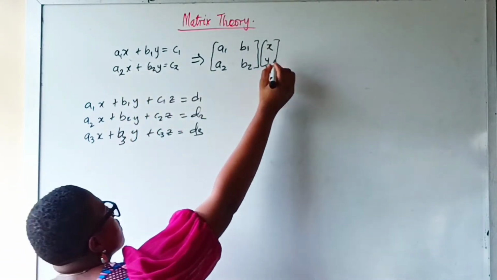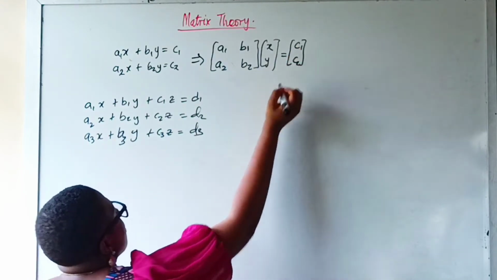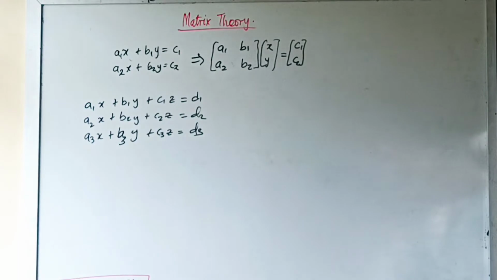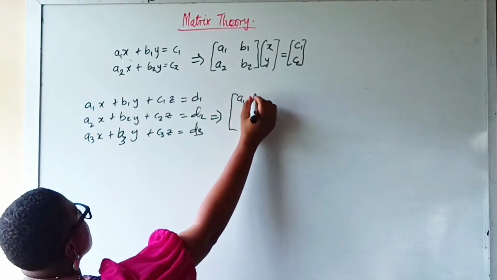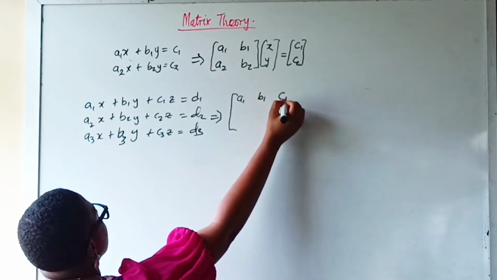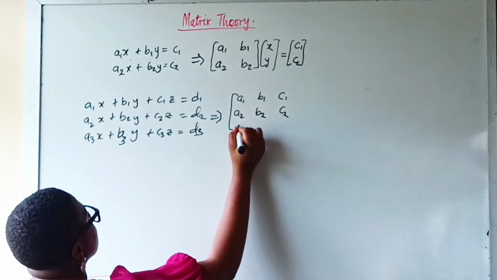And this is equal to c1, c2, a column, by definition of equality of matrices. The same thing here: this is the same thing as a1, b1, c1, a2, b2, c2.